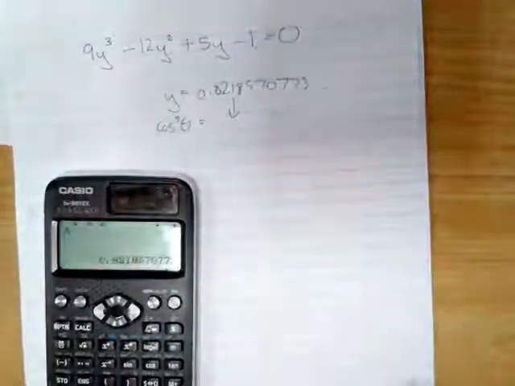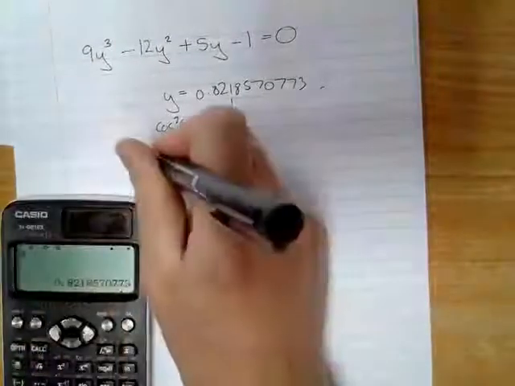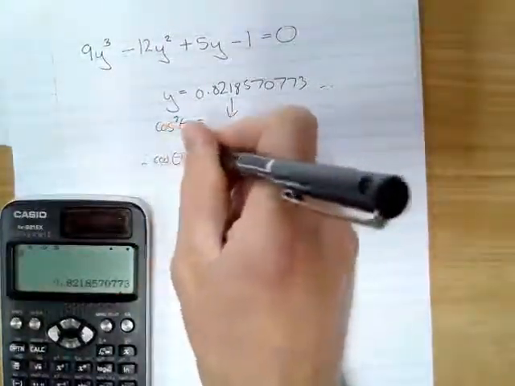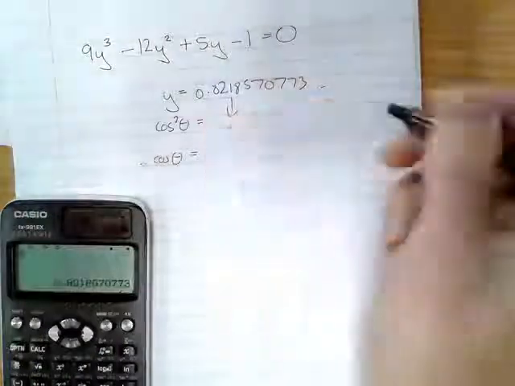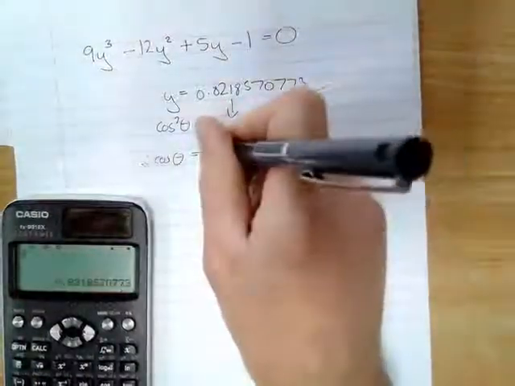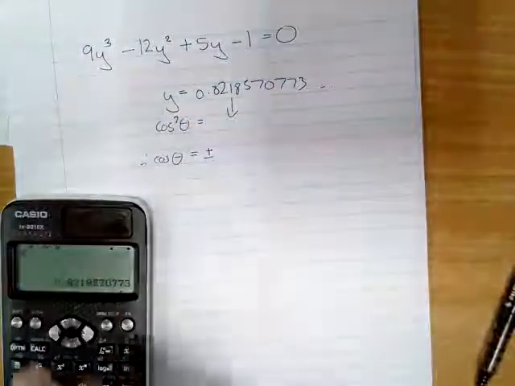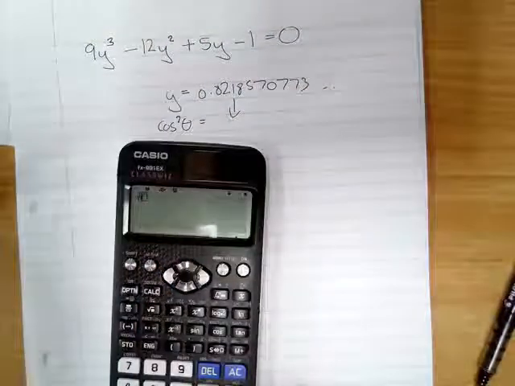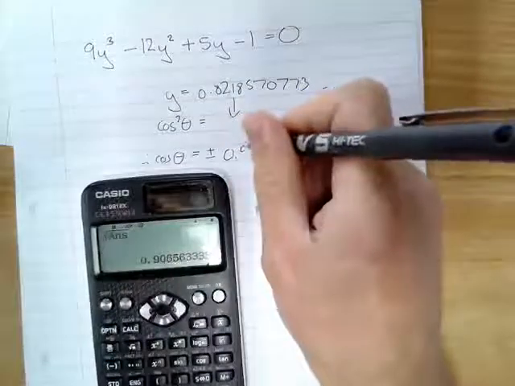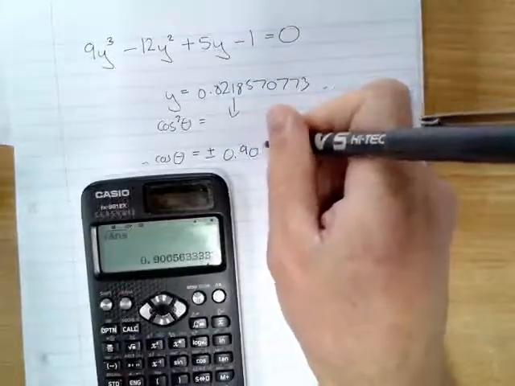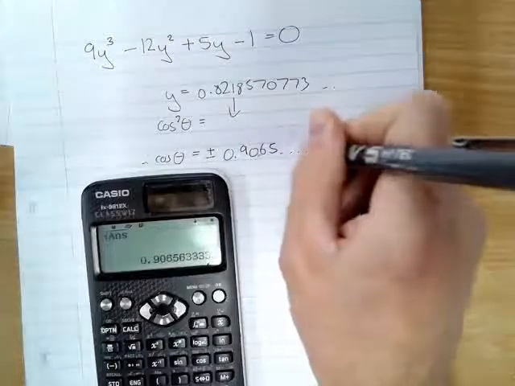Let's tidy up a bit. Therefore, cos theta is equal to the square root of that, which is going to be plus or minus whatever I get when I press square root on the calculator, which is 0.9065. Okay.